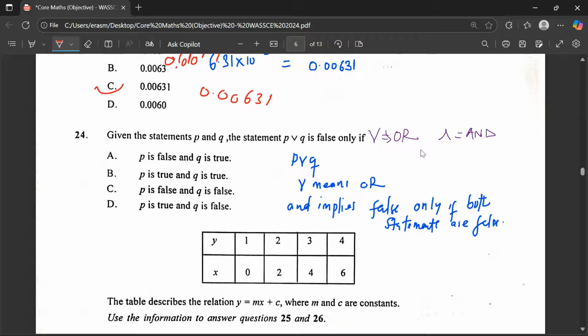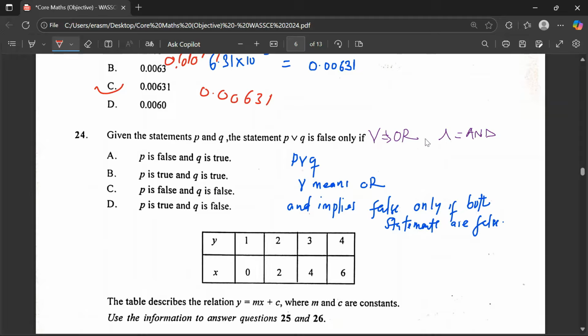Now, with logical or, these two statements become false if and only if both of them are false. If one of them is true, it is true. If both of them are true, it is still true. However, with logical and, if one of the two statements is false, then it becomes false.